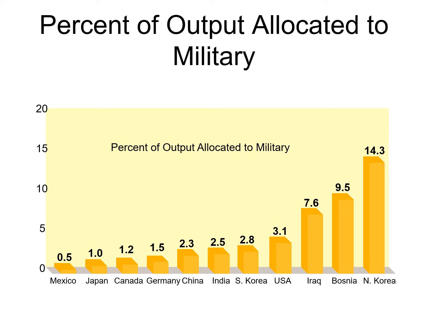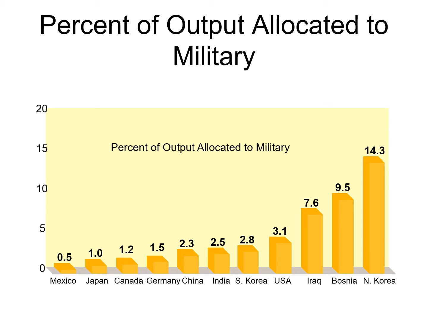Notice this is an older chart, so when you identify the country third from the right, Iraq, it states that in Iraq, 7.6% of total economic production is dedicated to military output. This was the economic reality under the regime of Saddam Hussein, who was toppled in the early 2000s after the Second Gulf War.